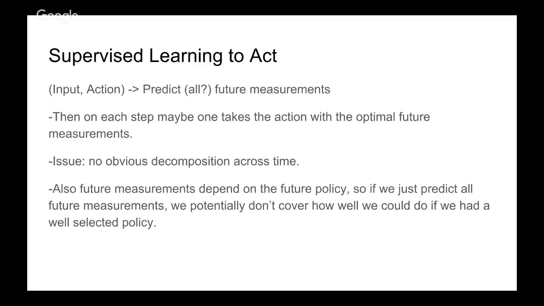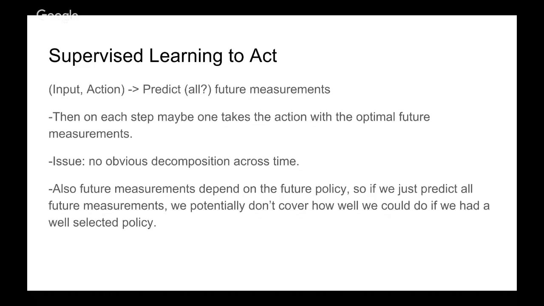All right. So the basic setup here is that they call it supervised learning to act. And the basic idea is at a given point, you take the input, which I guess we called the sensory stream, and an action. And in general, you try to predict all future measurements conditioned on you taking the action on this step. Then on each step, one would take the action which has the closest to optimal future measurements.